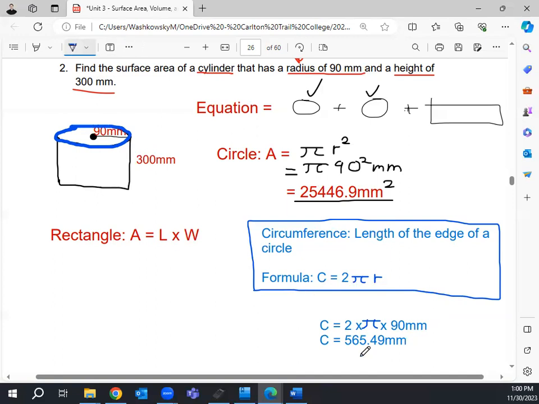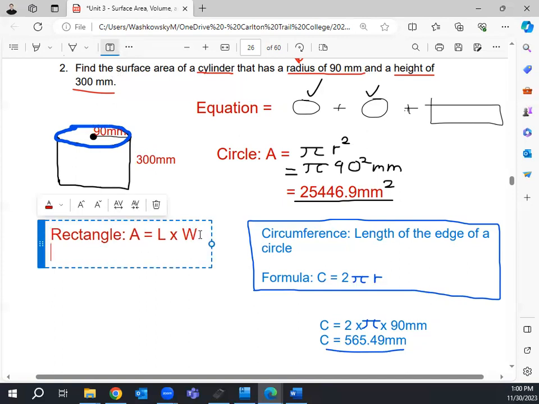Okay, so I found my circumference, which means in my rectangle, I now have the height, the length of 300, but I now also have the width, that circumference. So now I can go back to my rectangle and put that information in.